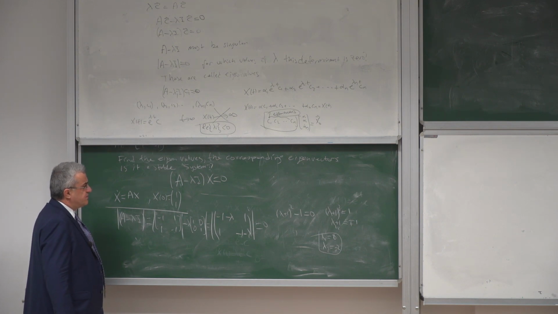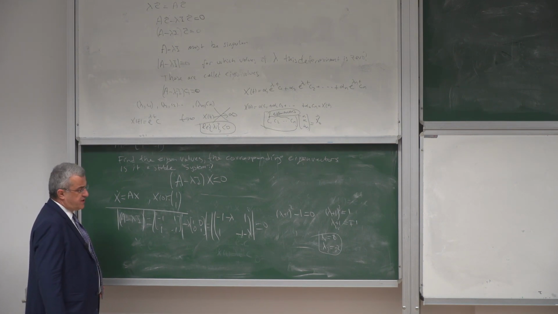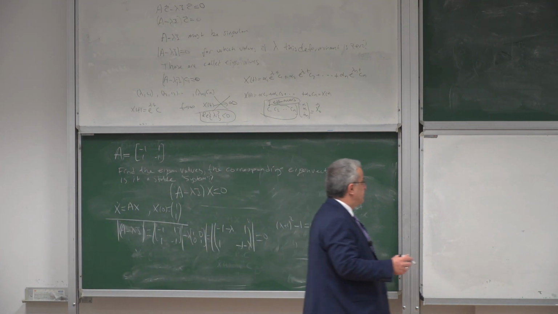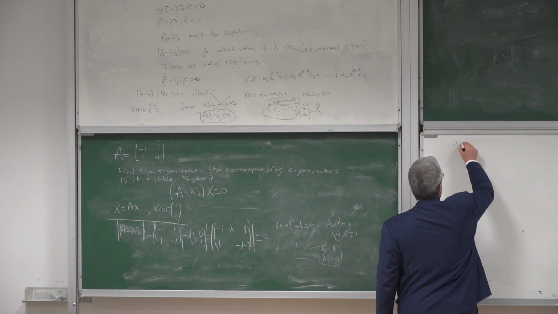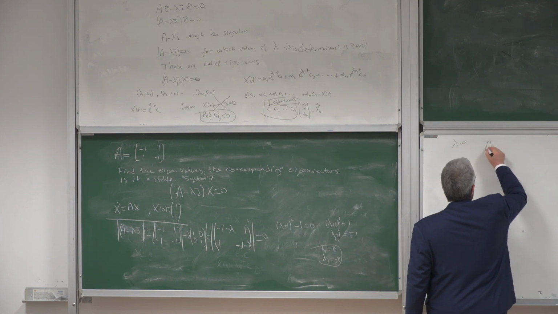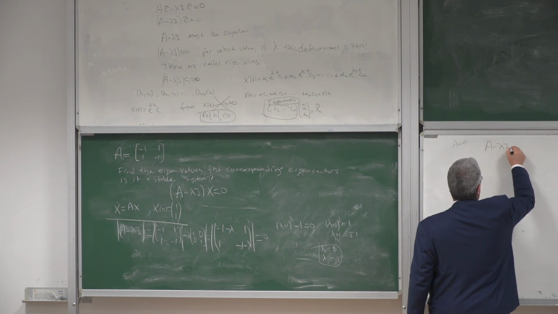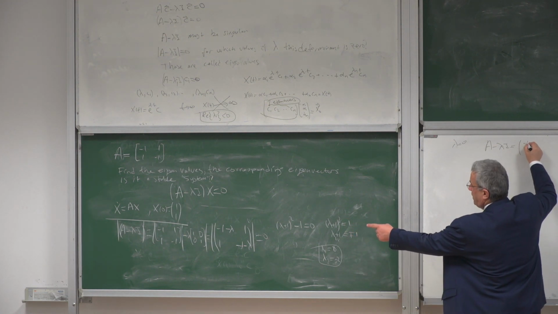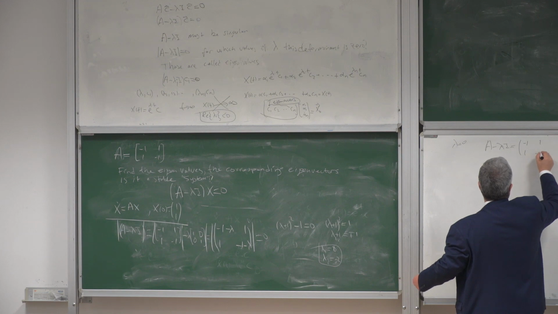So we found now the eigenvalues. Let's find the eigenvectors. For lambda equal to 0, what is A minus lambda I? That's equal to minus 1, 1, 1, minus 1.